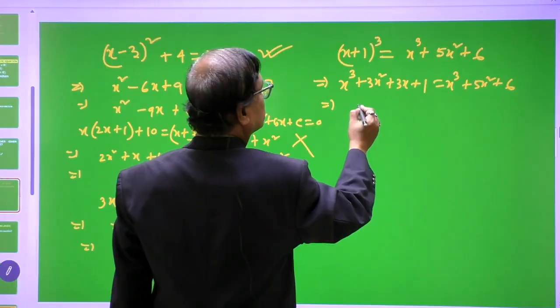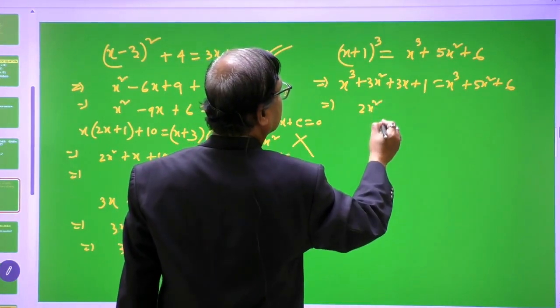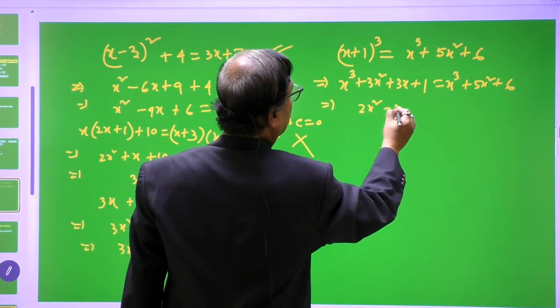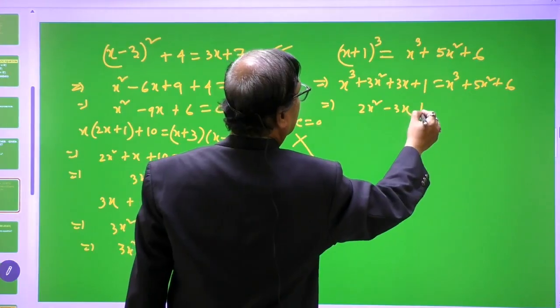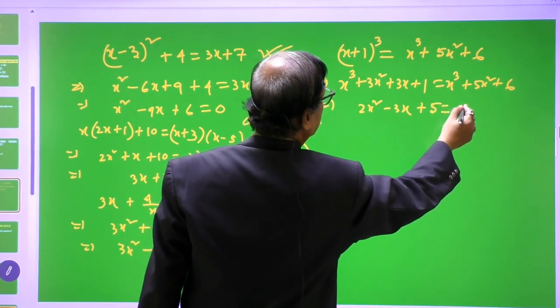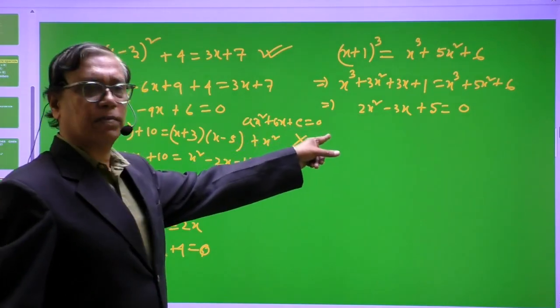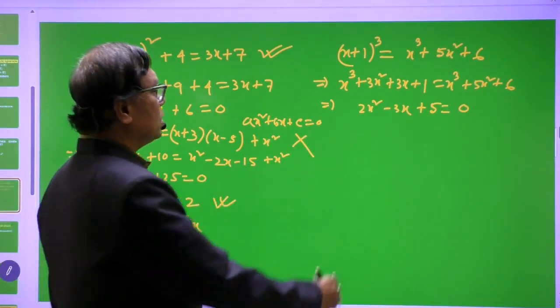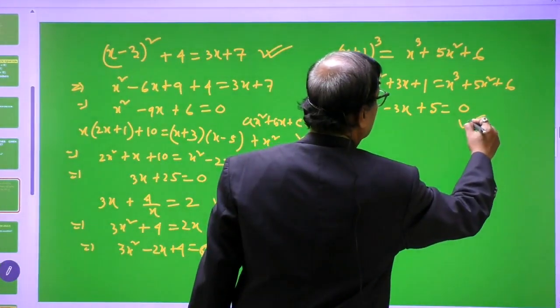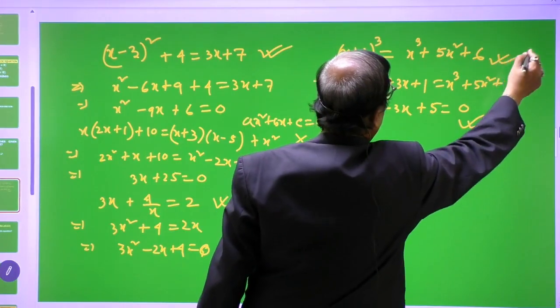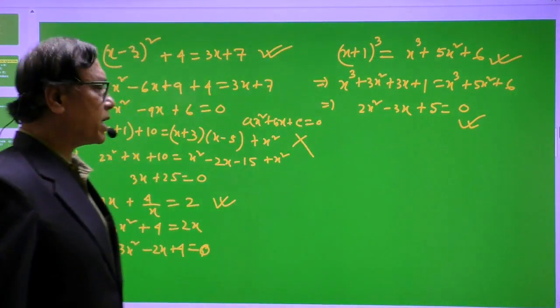That implies 2x square minus 3x plus 5 equals 0. So it is also in the form of ax square plus bx plus c equals 0. Therefore, it is also a quadratic equation. The given equation is a quadratic equation.